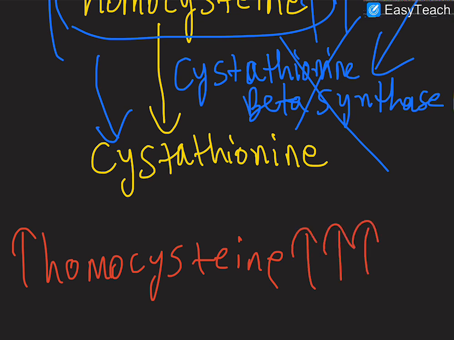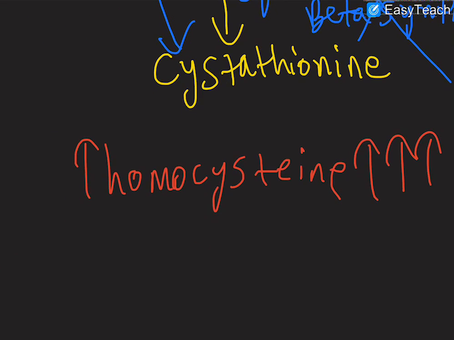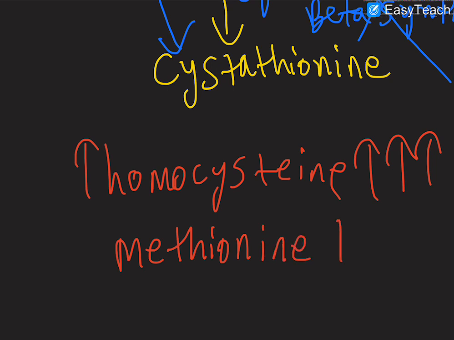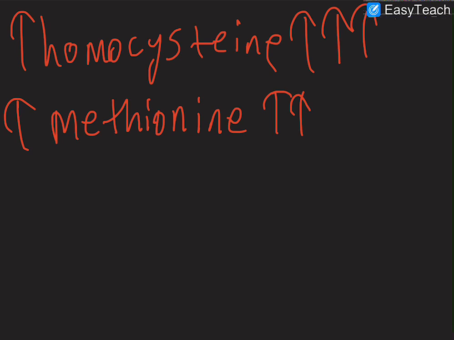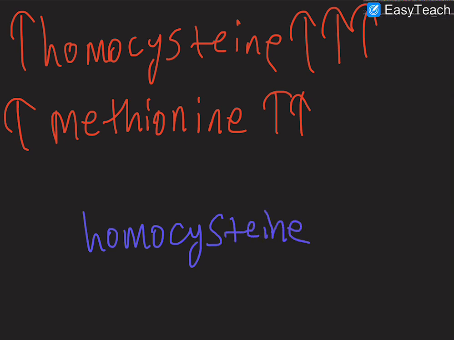What about methionine? It turns out that methionine levels will also be elevated. Let's see why. If we look at the two fates of homocysteine, we said they were transsulfuration or remethylation.